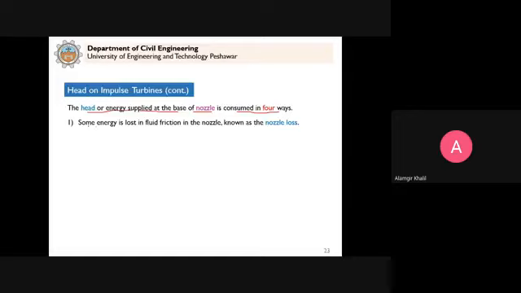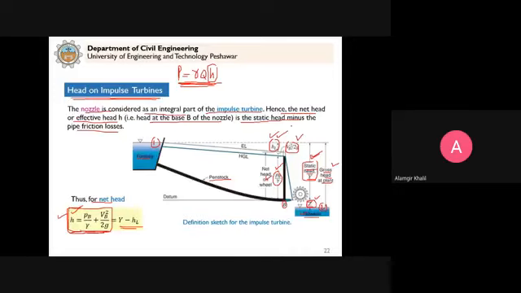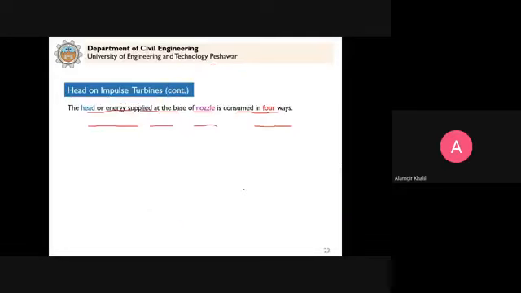Number 1, some energy is lost in fluid friction in the nozzle, known as the nozzle loss. Out of this energy, as the water passes through the nozzle, there will be nozzle loss. Because you studied nozzles in detail in your Fluid Mechanics 1 course, so there will be a nozzle loss. Clear?